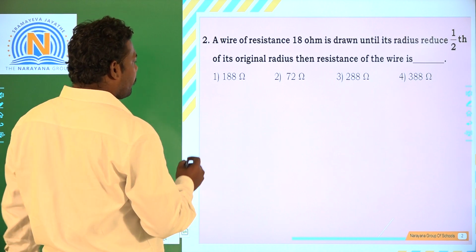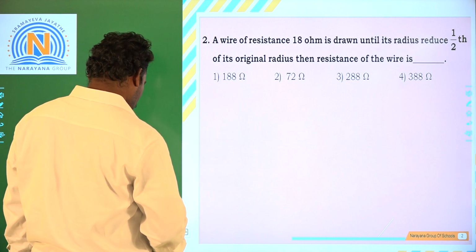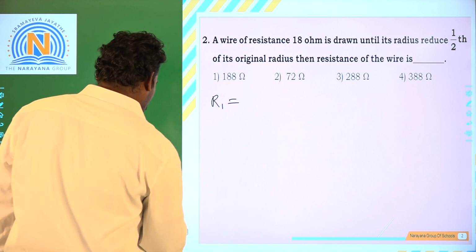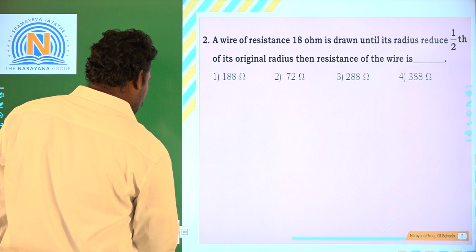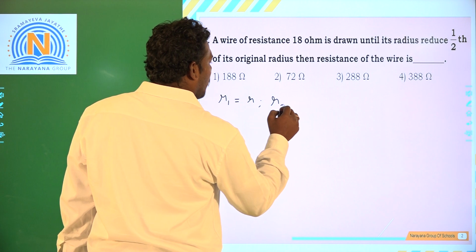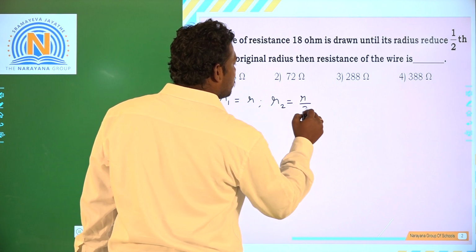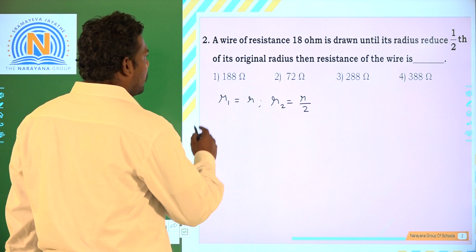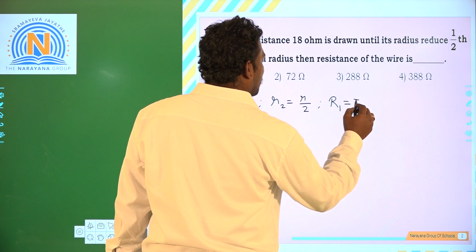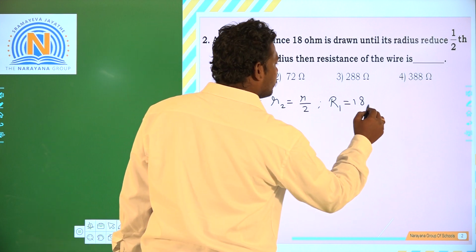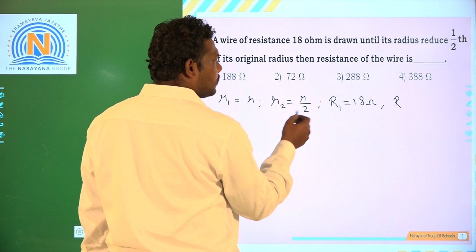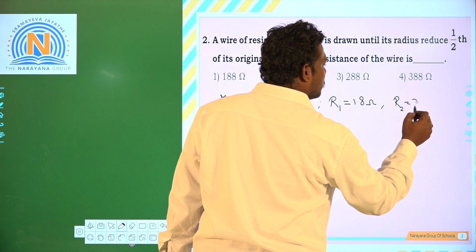So here r1 equals r and r2 equals half of the original radius, and the actual resistance is 18 ohms. We need to find the resistance when it is stretched to half of the radius.